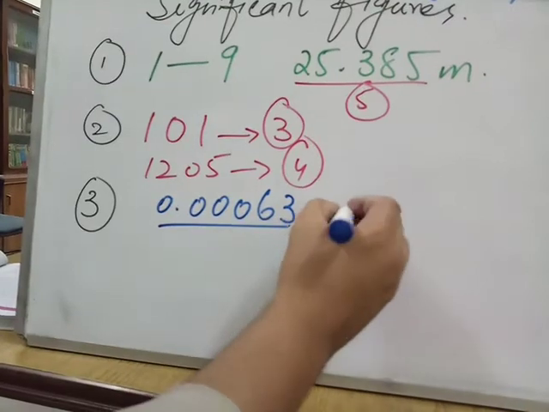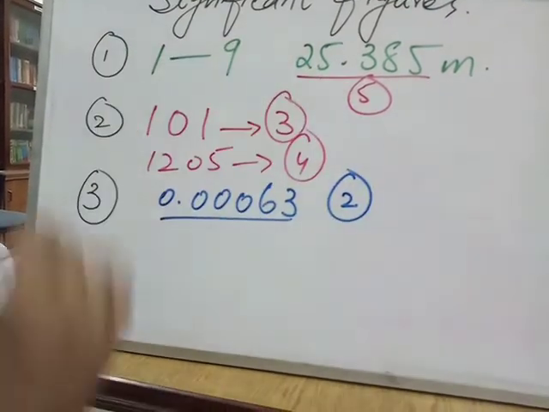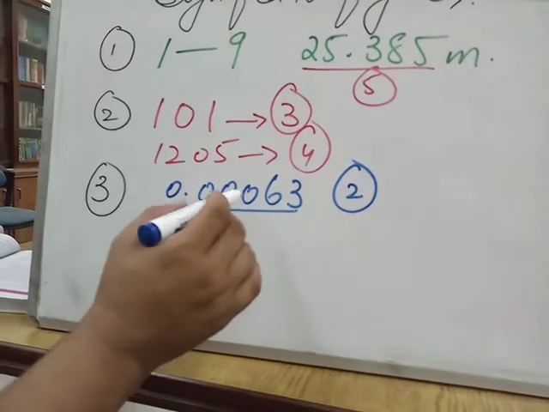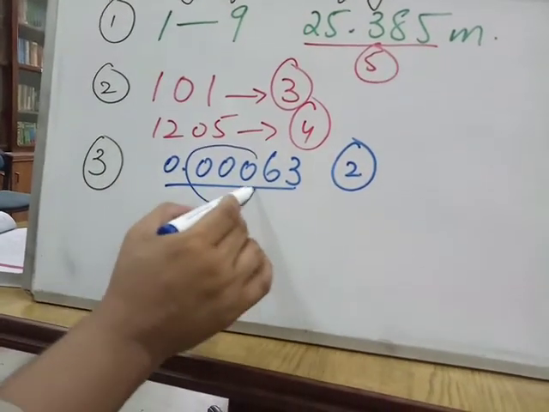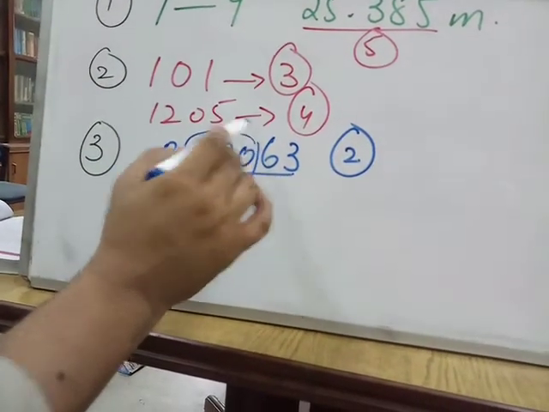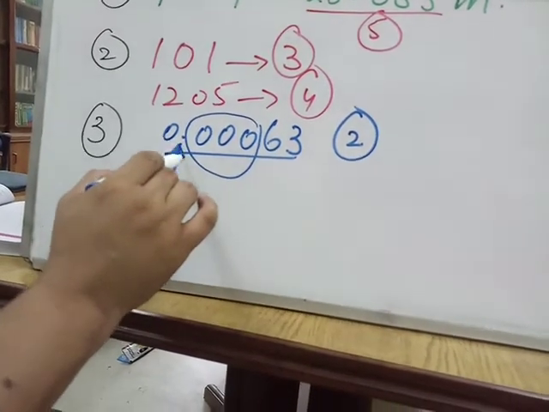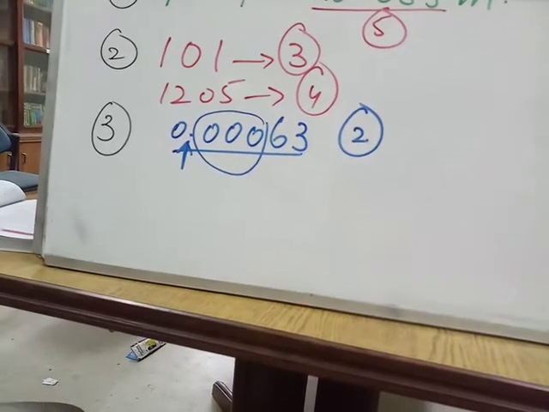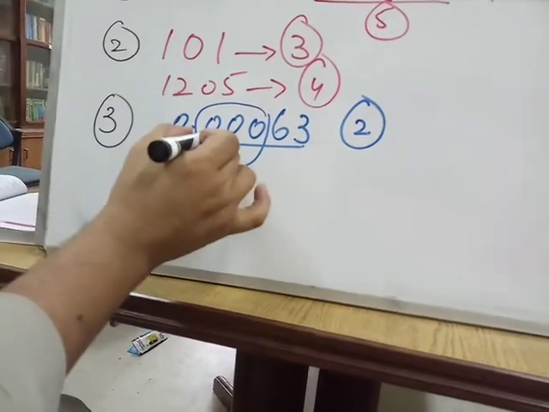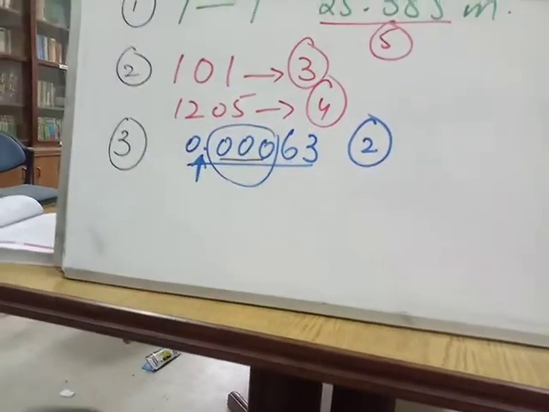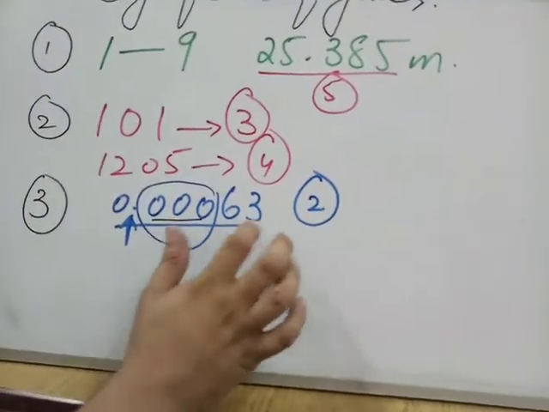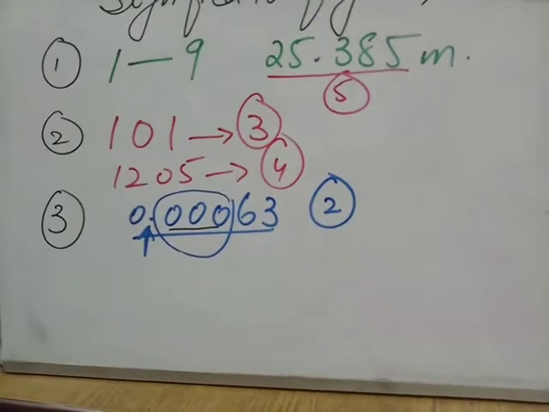This measurement contains only two significant figures, because these zeros are used for placing the decimal. So these zeros are not significant. Only these two digits are significant.